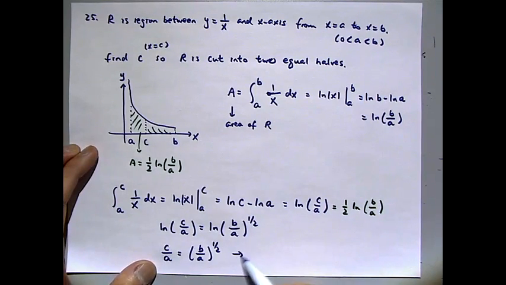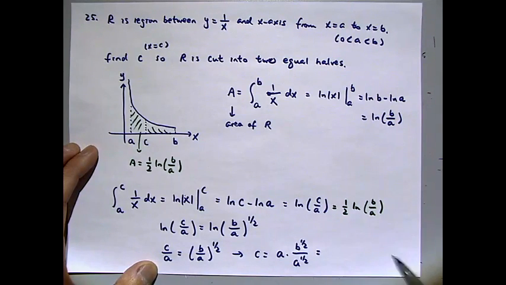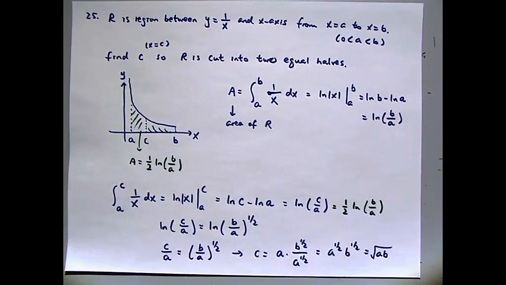So this tells us c is equal to a times b to the 1/2 over a to the 1/2. So that's going to give me a to the 1/2 times b to the 1/2, or radical ab. All right?